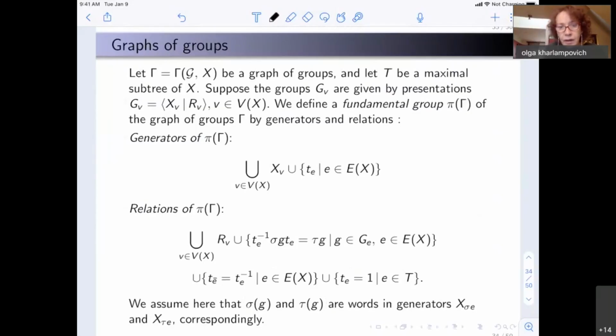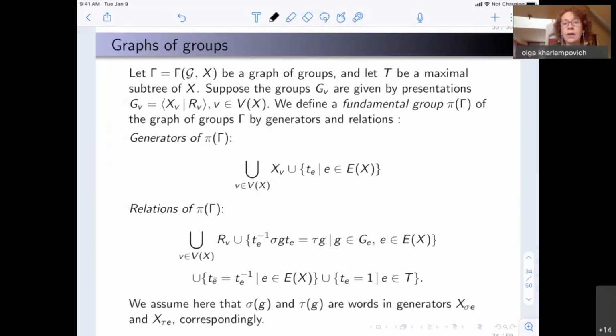Then the relations are going to be the relations of all these vertex groups. In addition, we say that TE conjugates sigma of G to tau of G, for every element of the edge group.